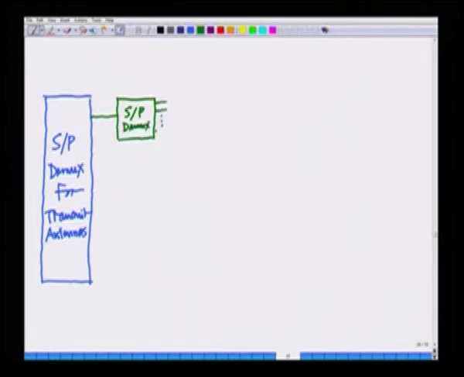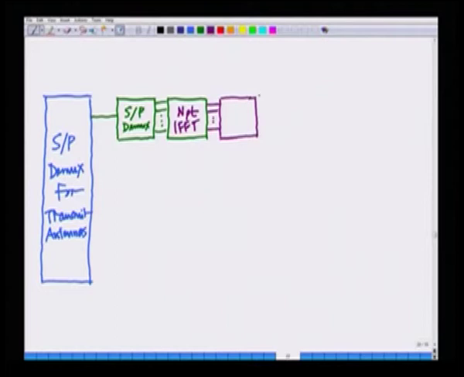I will have a block of symbols. On this block I will perform the N-point IFFT essentially.